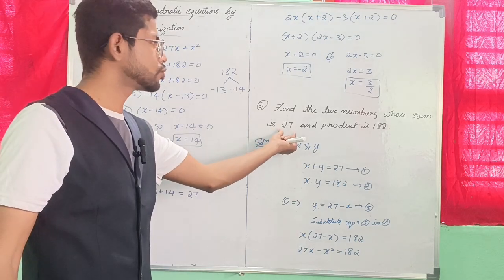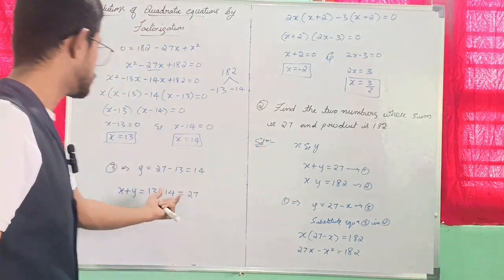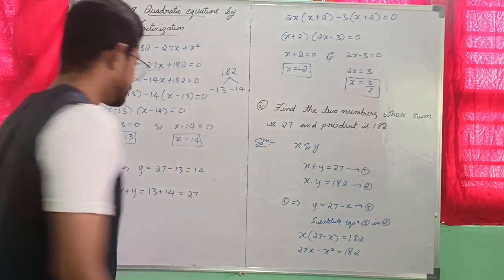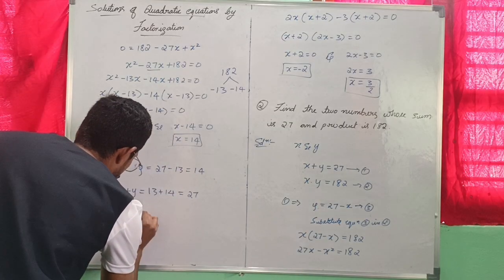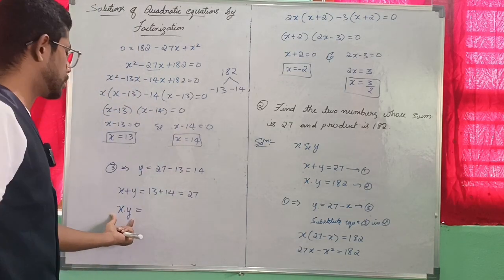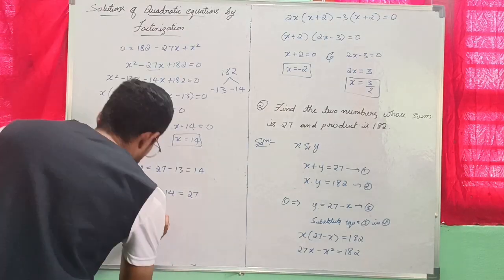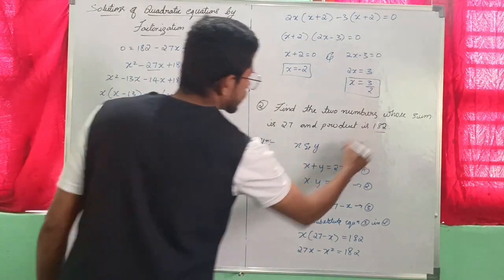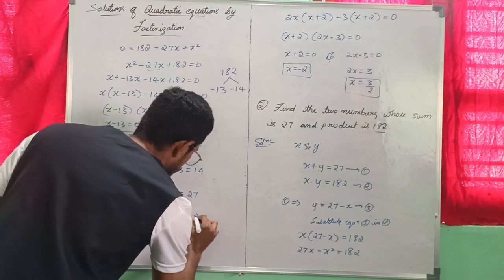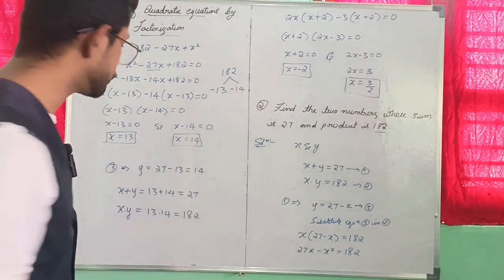When we take the product of these two numbers, x and y, 13 into 14, we get 182.